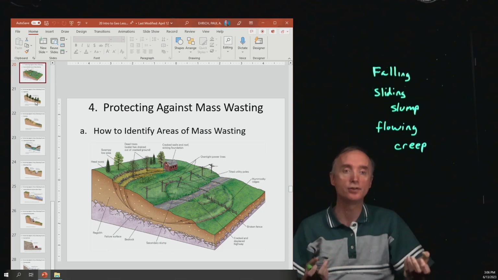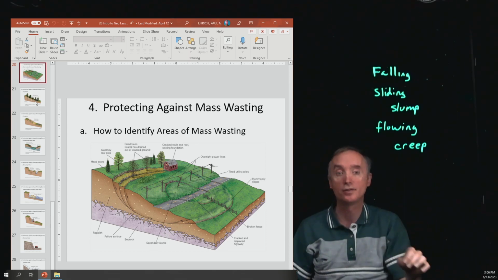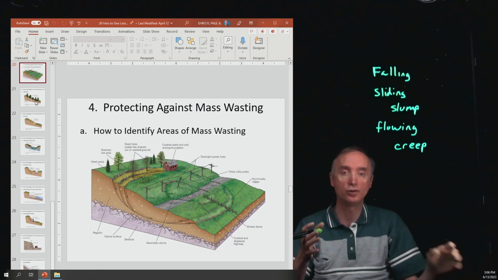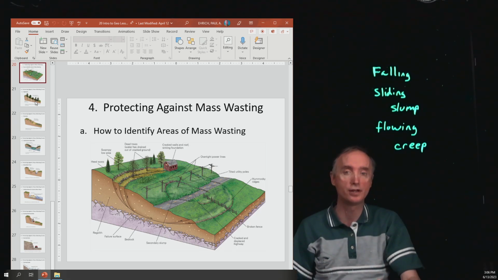And if that was to hit your house, it could knock it off of its foundation. A slow example of a flowing event would be soil creep. And soil creep can also be very damaging because it could knock your house very slowly off of its foundation.